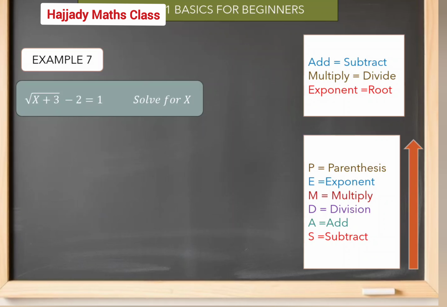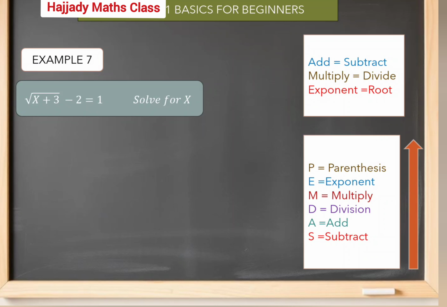Now we have example 7. In example 7, here we have the square root. How do we deal with this? Using the same rule, which is PEMDAS. Do we have subtraction? Yes, we do. If you have subtraction, what is the inverse, which is addition? So here, rewriting the question clearly, we have the square root of x plus 3, minus 2 equals 1.